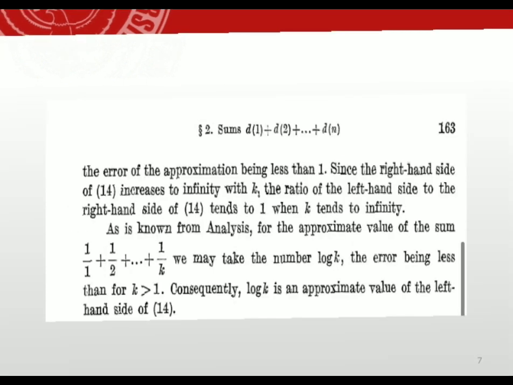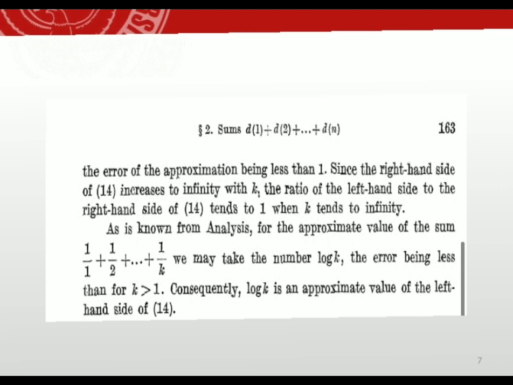The error of the approximation is less than 1. Since the right hand side of 14 increases to infinity with k, the ratio of the left hand side to the right hand side of 14 tends to 1 when k tends to infinity.